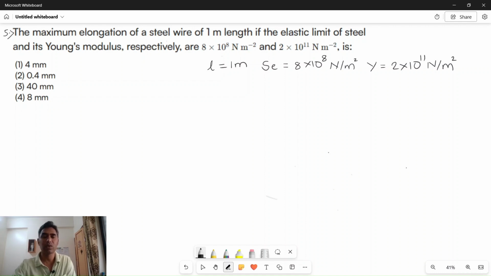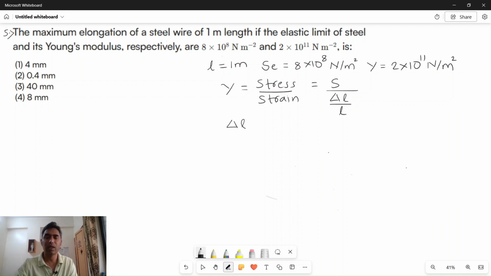Okay, so we know that Young's modulus is nothing but stress divided by strain. Okay, this stress will keep as it is, and strain can be written as change in length upon original length. Okay, now here delta L is the elongation, L is the original length.